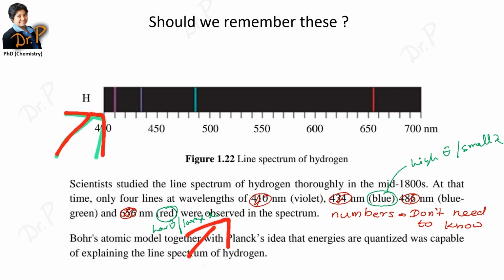And then note how these spacings arrange, in which direction the size of the spacing increases or decreases. In this direction, from left to right, you can see that the wavelength is increasing, energy is decreasing.